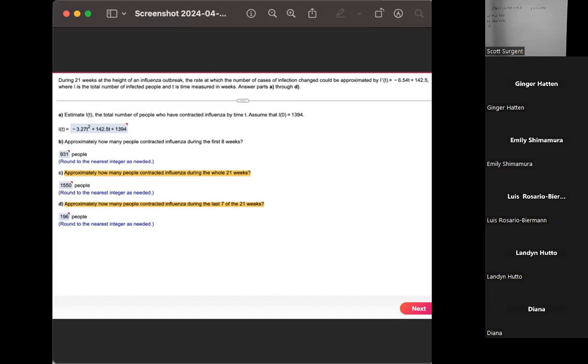Approximately how many people contract influenza during the whole 21 weeks? And the fourth one would be approximately how many people contracted influenza during the last 7 of the 21 weeks. So that would be during weeks 14 to 21, right?